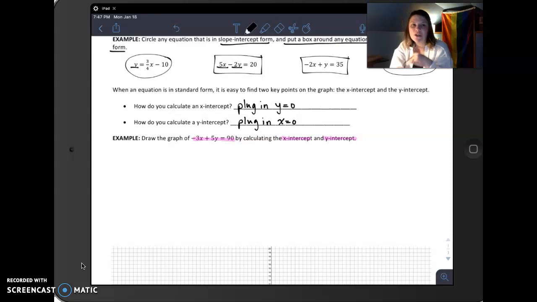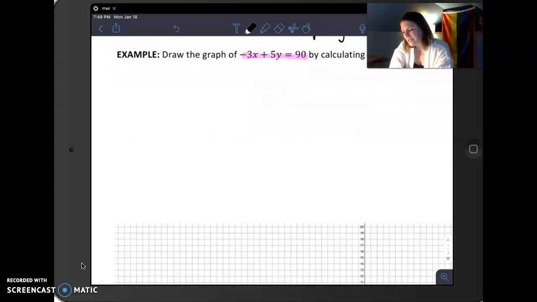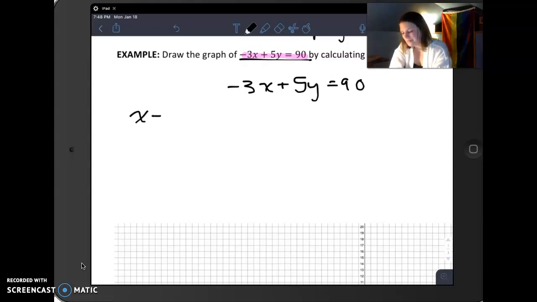In the previous video, I did it pretty quickly and showed a little trick, which I'll explain to you now, but let's go through it a little slowly. Here's our equation: negative 3x plus 5y equals 90. First, we're going to find the x-intercept.